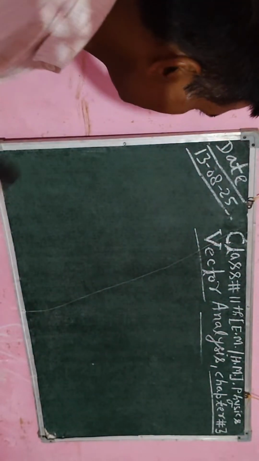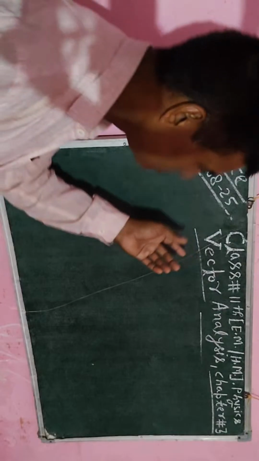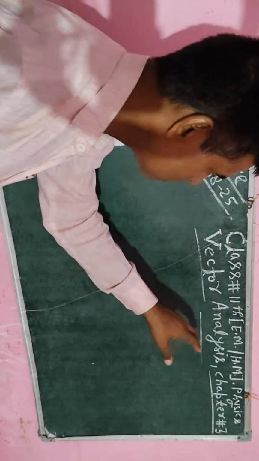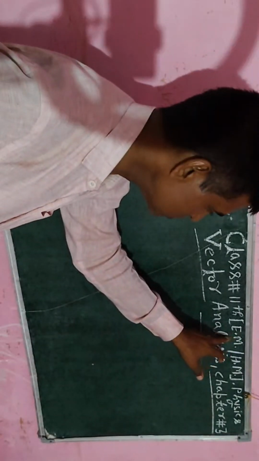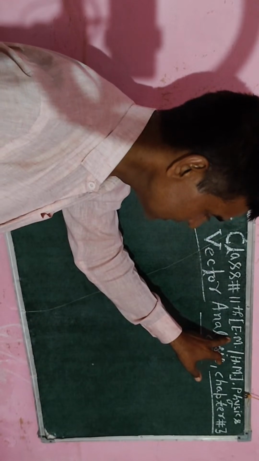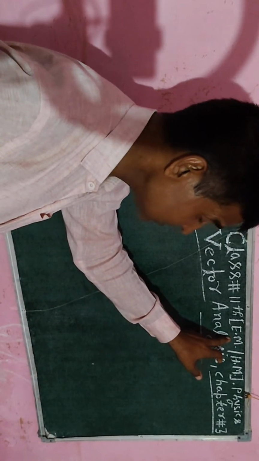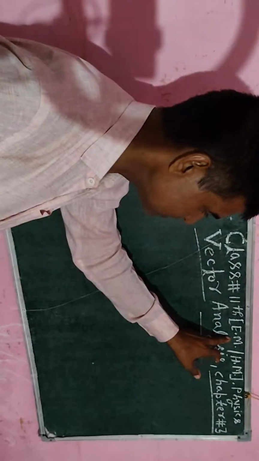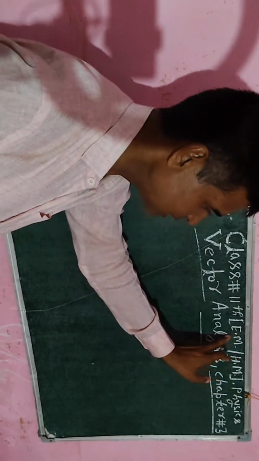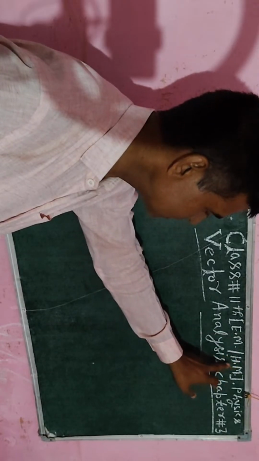This is class 11 physics for students who are reading in English medium, so those students can understand easily. But after explaining the solution of the question or the concept of physics, I will also translate it into Hindi.